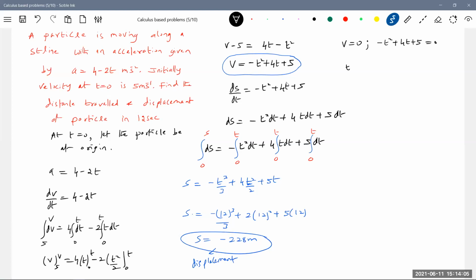Okay, so we'll solve this quadratic equation. t is equal to minus 4 plus or minus the square root of 4 squared minus 4 into 1 into 5, divided by 2. 16 minus 20... Sir, b squared minus 4ac.